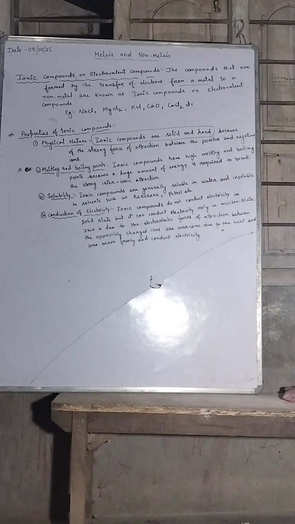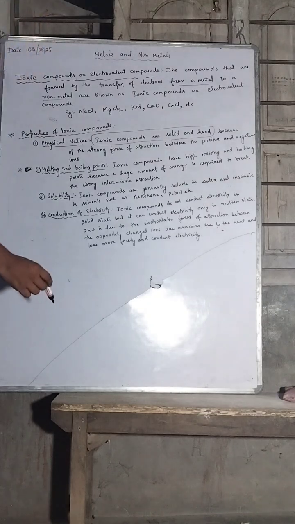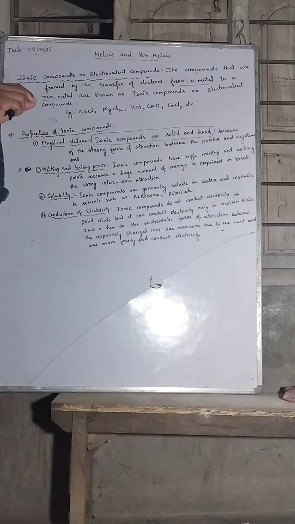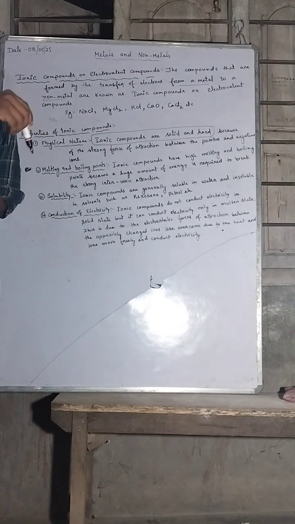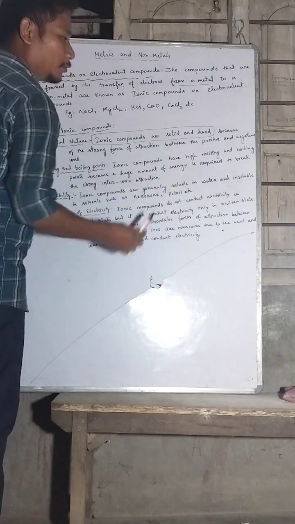The next topic is solubility, whether they are soluble or not. Ionic compounds are generally soluble in water, easily soluble. When we take salt and mix it in water, it gets completely mixed. Yes or no? So ionic compounds are soluble in water.